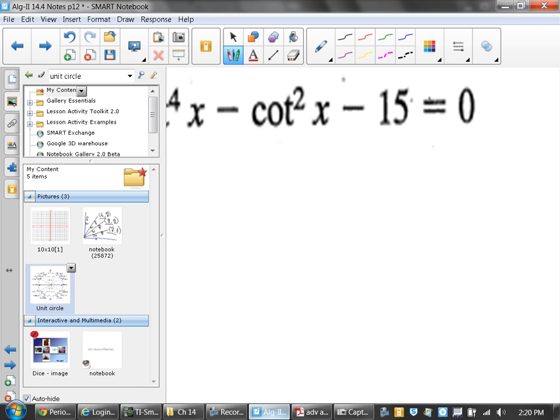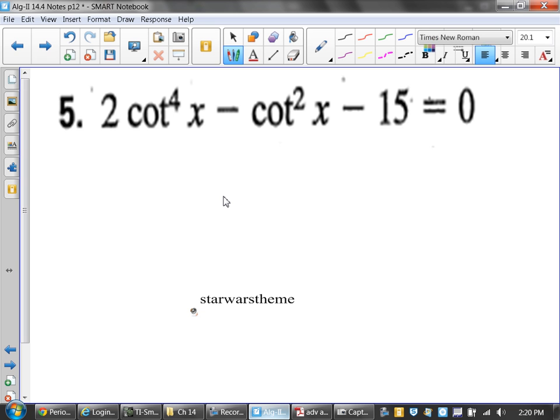All right, let's let u equal cotangent of x. Okay, I'm going to let u equal the cotangent of x. When I let u equal the cotangent of x, I'm going to get 2u to the 4th minus u squared minus 15.